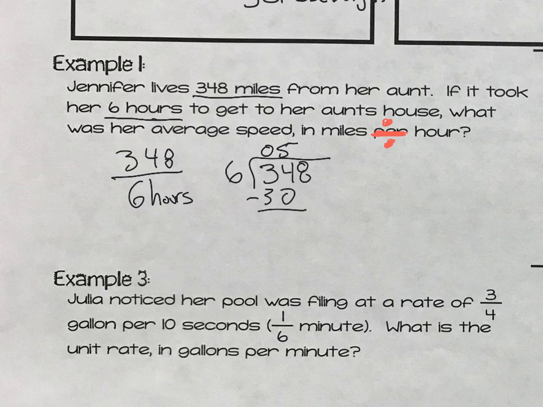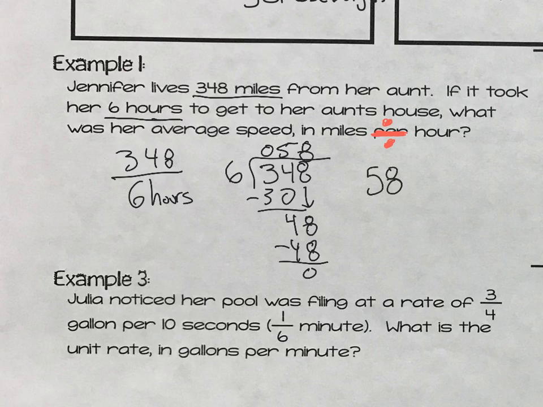I subtract. I end up with 4. I bring down the 8. All right, I'm moving quick. 6 goes into 48 8 times. 8 times 6 is actually 48, so I've got no remainder. So I'm going to write down 58.